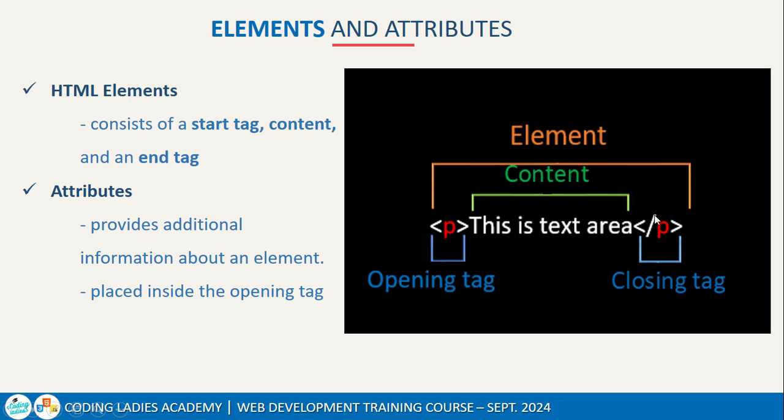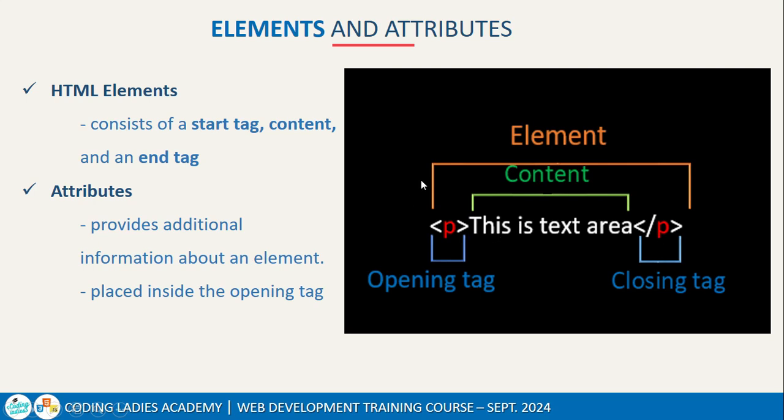Then we have what we call the attributes. Let me open the next slide. An attribute provides additional information about an element, and it is always placed in the opening tag. Let's look at this element again. We still have the paragraph tag, the p tag, with the opening and closing tag.